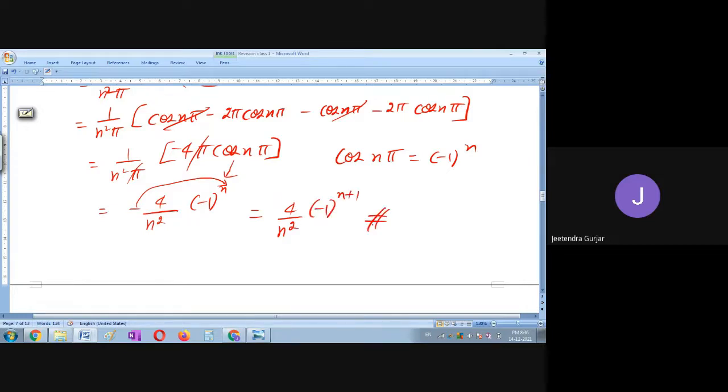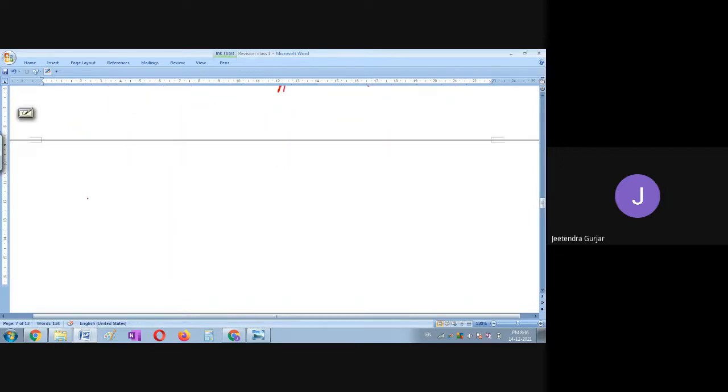So quickly you can go for bn. Yes, once you can simplify bn. bn formula, please remember 1 upon pi integral of x minus x square sine nx dx. So this is equal to 1 upon pi.